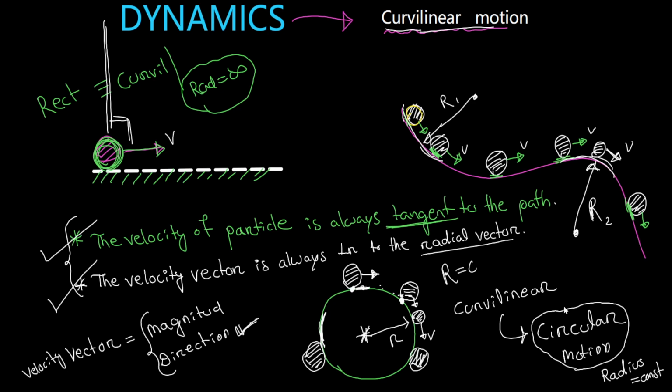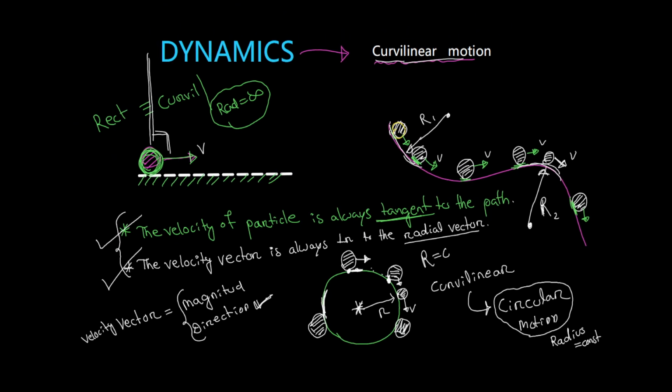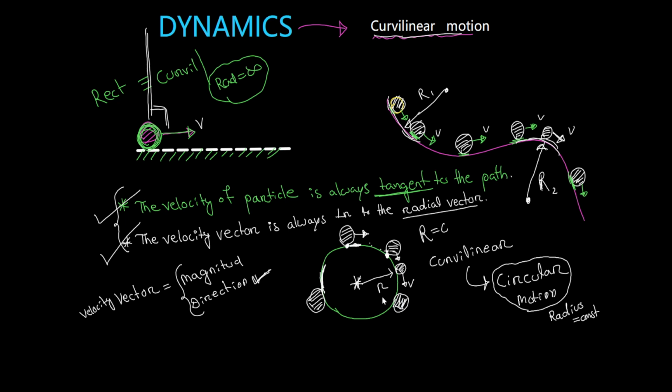Now we'll talk about acceleration. But before that, for the curvilinear motion, this one has a radius r and velocity v. In the case of circular motion, whenever any particle is in circular motion, the velocity vector is nothing but the cross product of the position vector and the omega vector. Here is the r vector, lying on the plane.